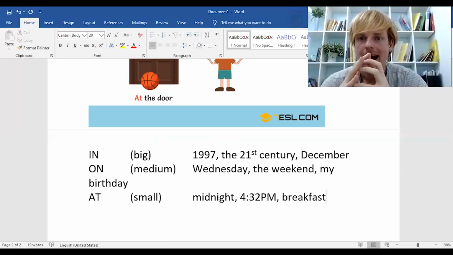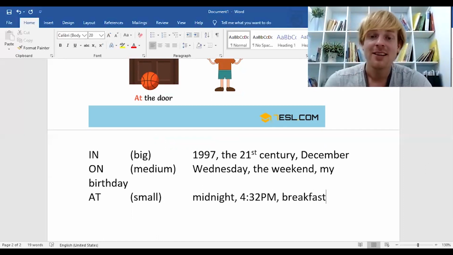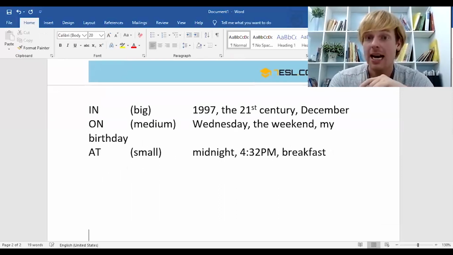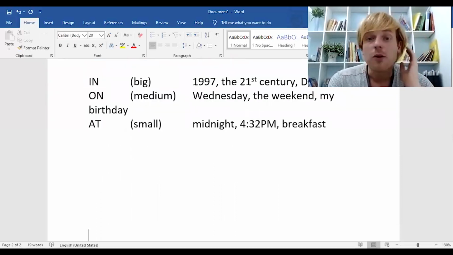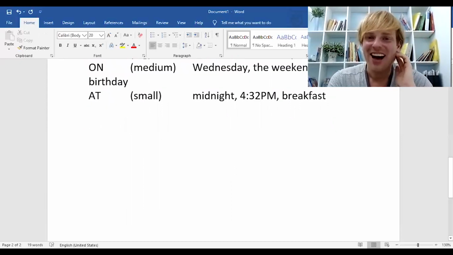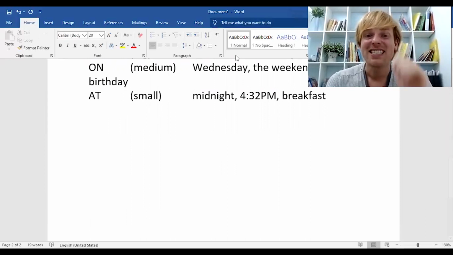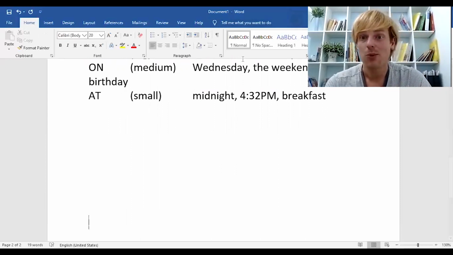In, on, at. Okay, so be careful with your prepositions. Again, we use them for time or place, like I showed you. Okay, and we also use them for phrasal verbs, like we talked about. Okay, all right, good. So let's continue with a little more grammar and some examples.